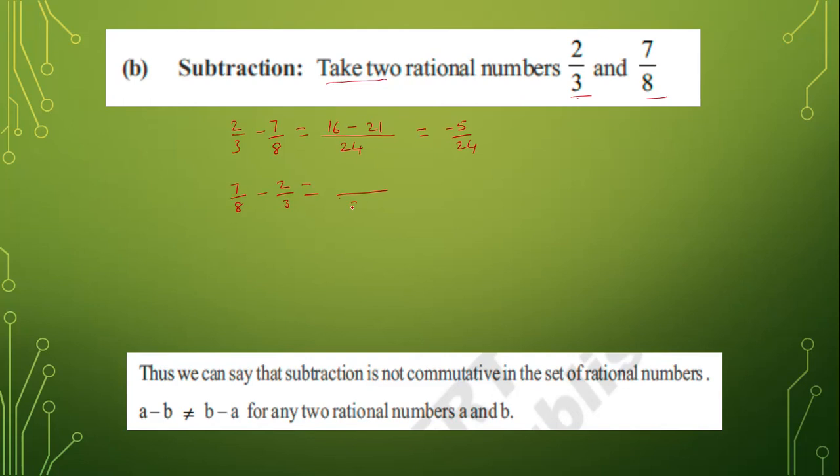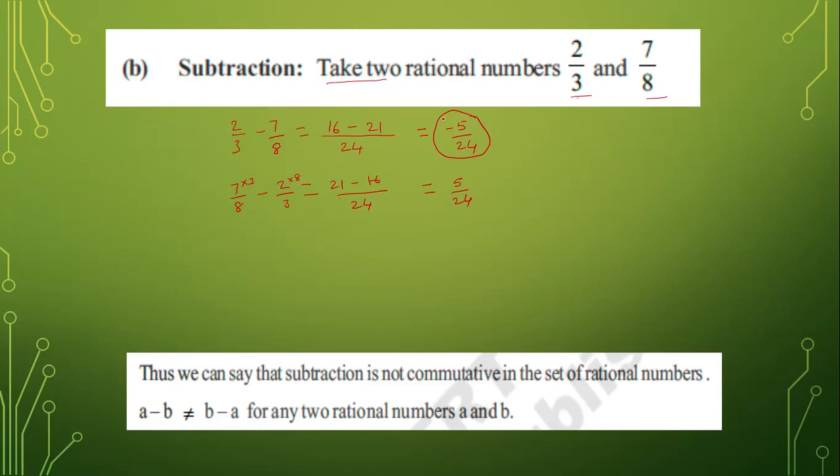In this case, the LCM is also the same, 24. 8 3s are 24, 3 7s are 21, minus 3 8s are 24, 2 into 8 is 16. 21 minus 16 is equal to 5 by 24. What you observe in both the cases?